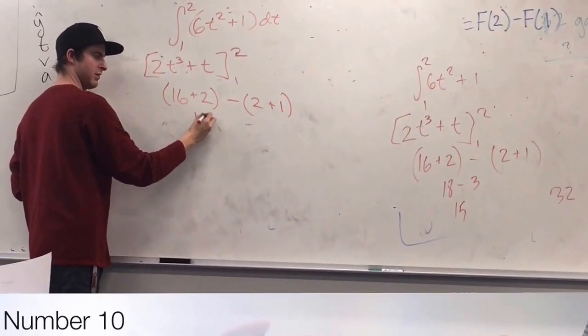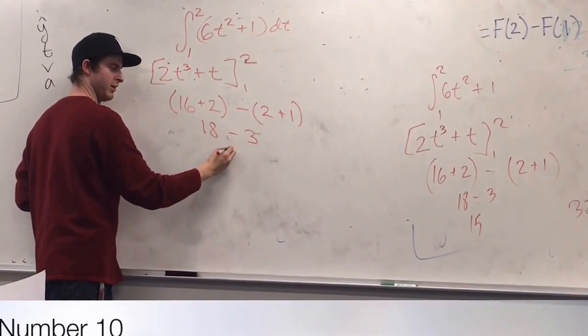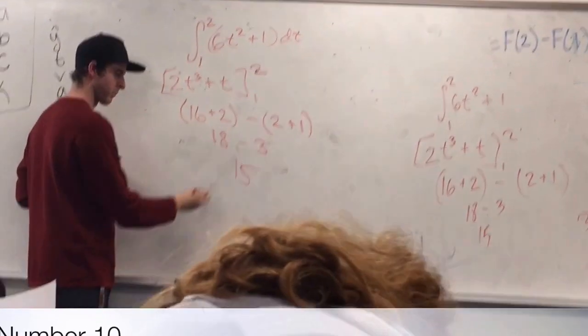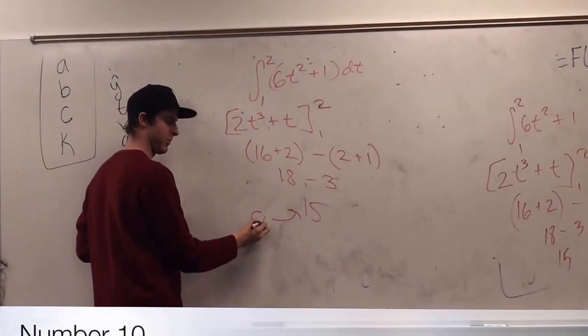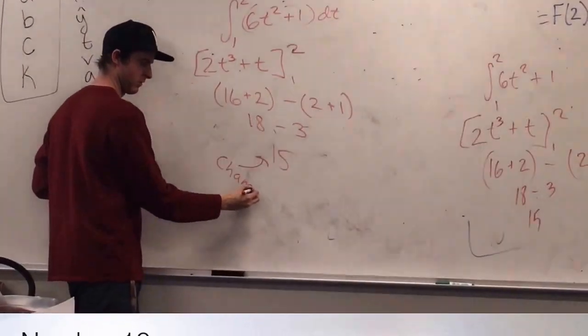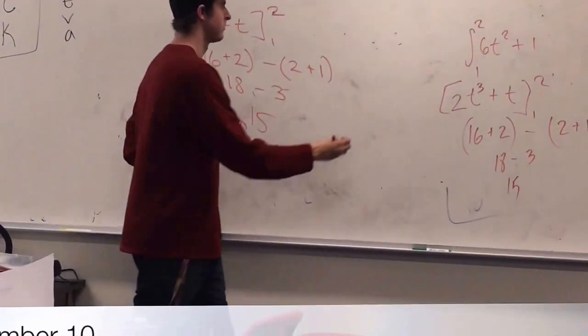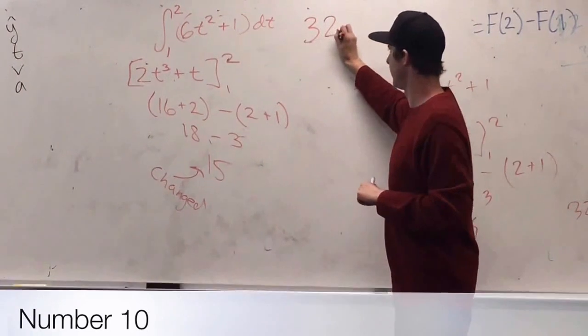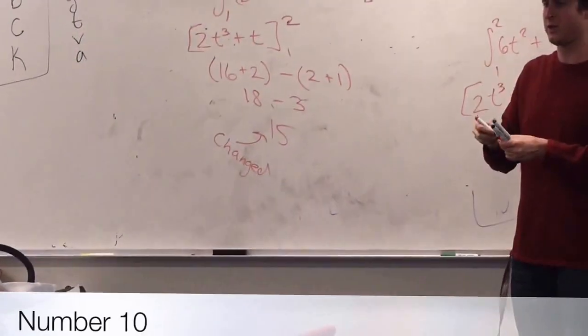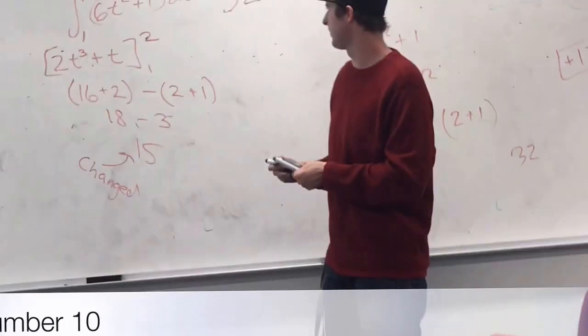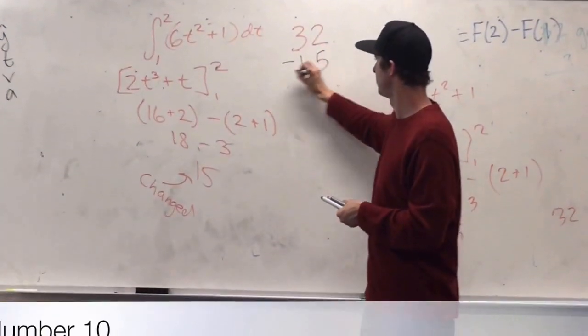That gives us 18 minus 3 is 15. You know it changed by 15? What was your final answer? It got to 32. If it went up by 15 to get back to the original, you just do.